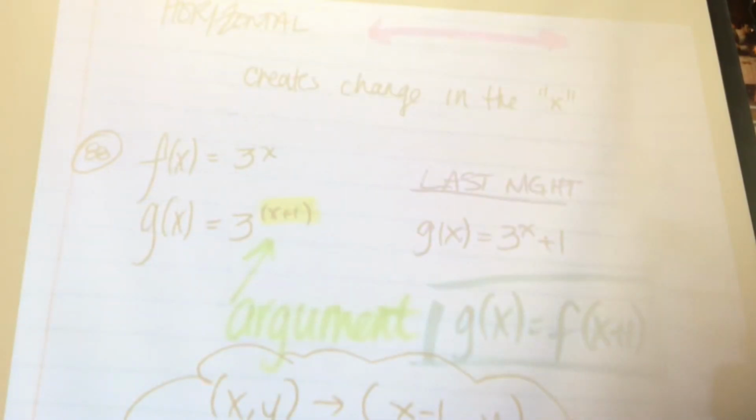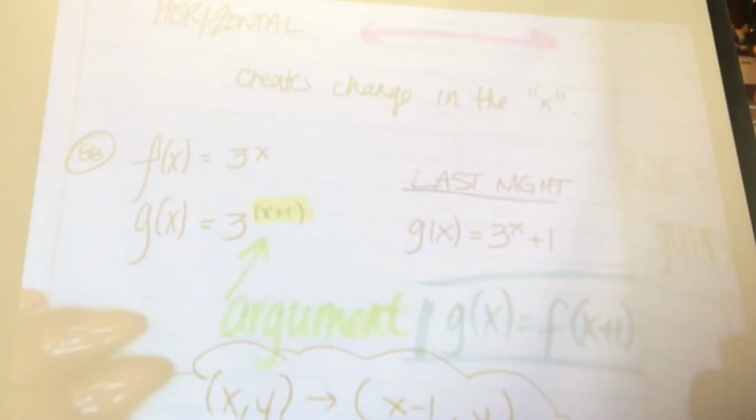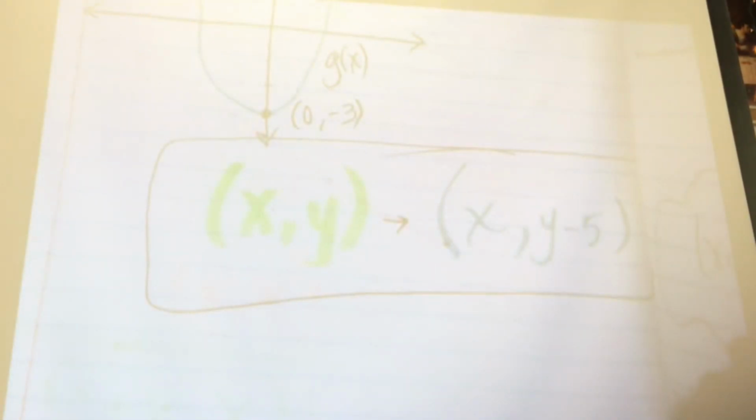Jason, what do you think? There is no argument. Corinne, what do you think? No argument. What do you think, Jameson? No argument for a horizontal translation? Okay. Please tell me what it says on our notes from section 5.3.